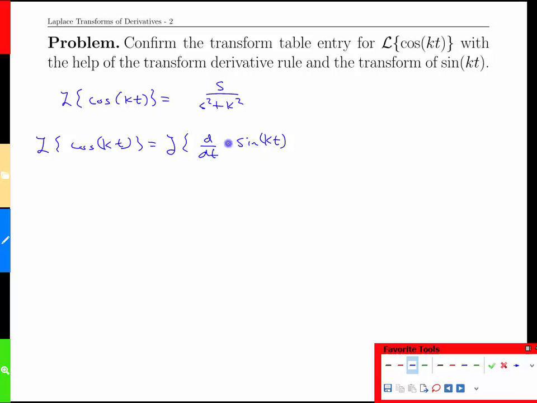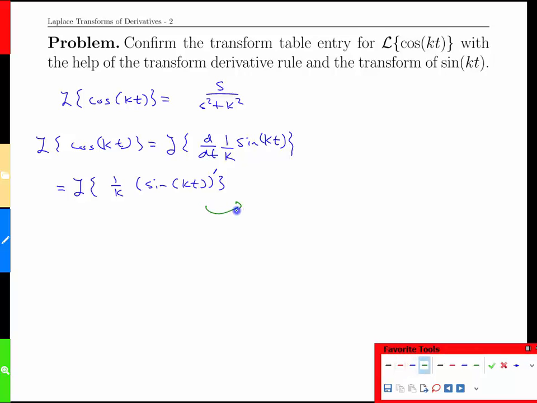We'd have to have a 1 over k out front to make that work. But if we differentiate 1 over k times sine of kt, we get cos back. And so what we could write that as, if we wanted to, is the Laplace transform of 1 over k times sine of kt, prime, as our new function.